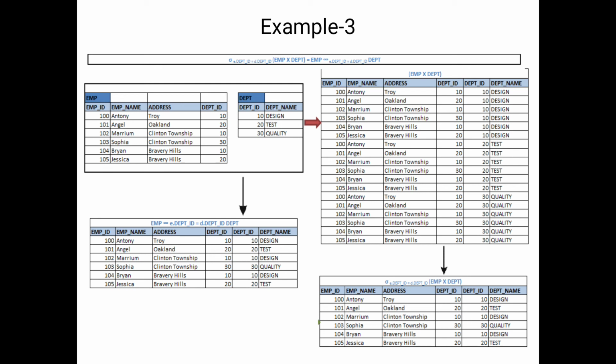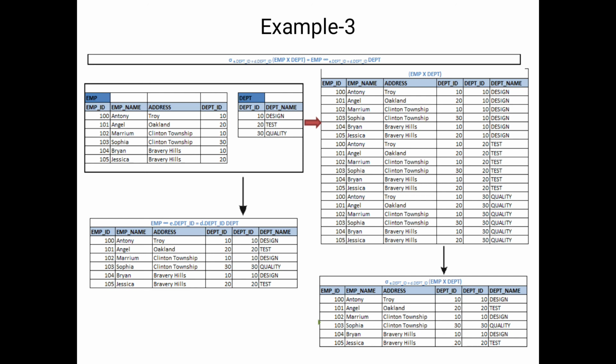First we apply the join. From this joined table we retrieve the information we want: whose employee department id and department id are equal. That is the bottom output. Now we will see the right hand side.